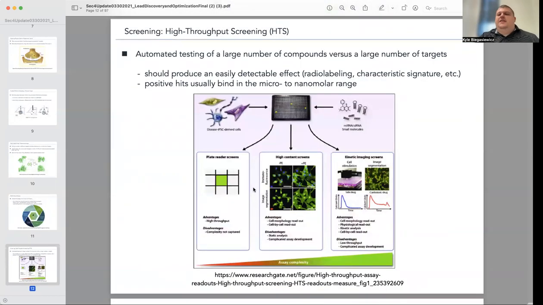Generally speaking, most of these are high throughput type screenings. I would have a working appreciation for this, but just know high throughput screening is a way that we go about looking for binding to a drug target, for example.